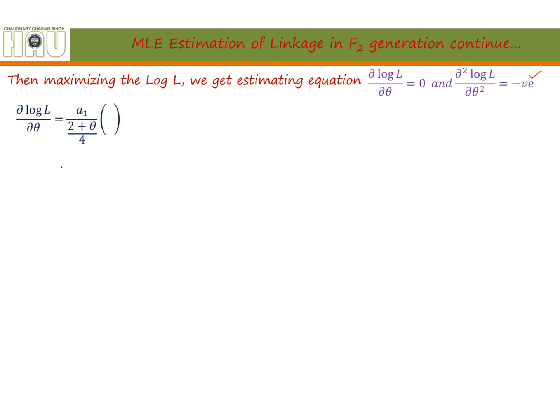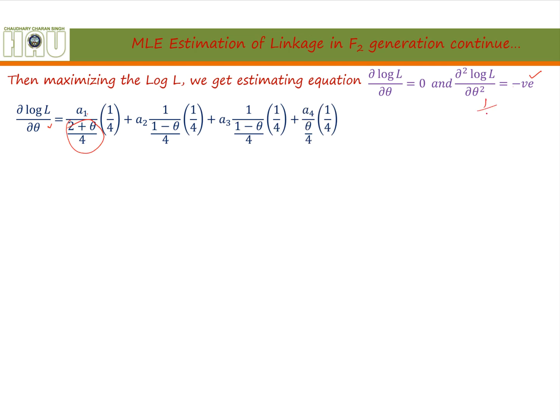It is A1 divided by, since this is a log, the log of ax minus b has the derivative 1 upon ax minus b into the derivative of ax minus b, so a times.